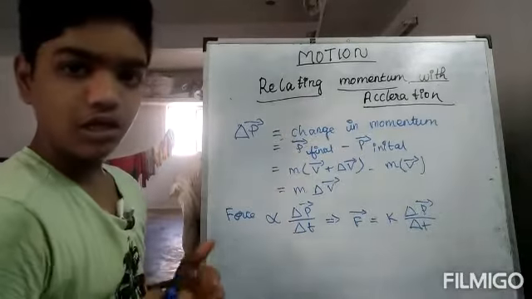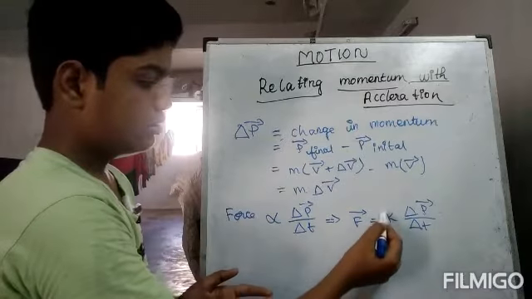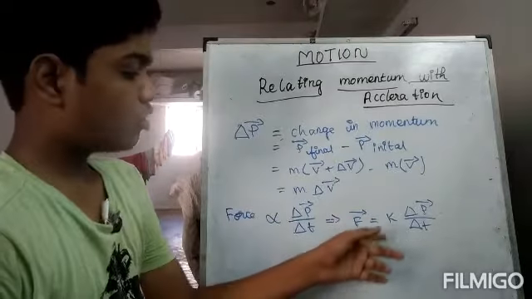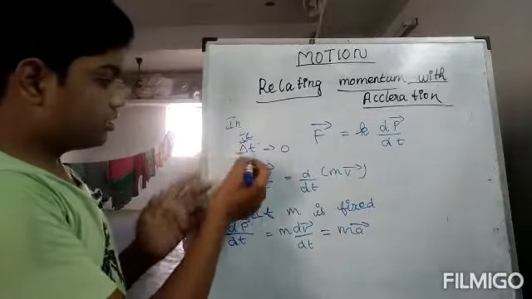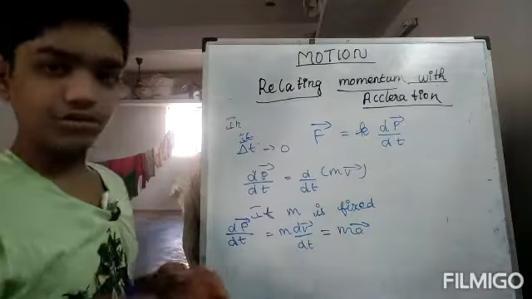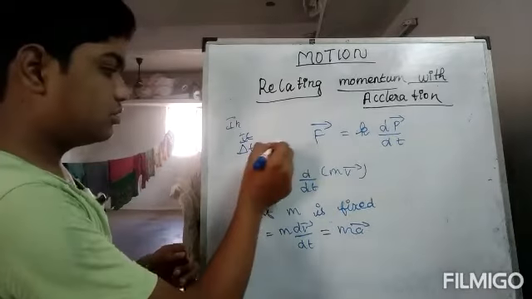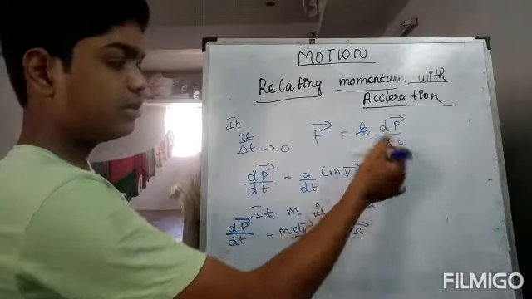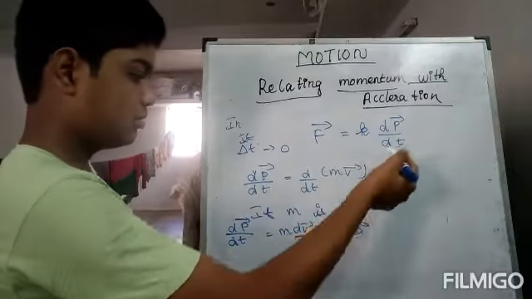Force is equal to k times the change in momentum with respect to time, del p by del t. There is a constant k here, which we will do in the next slide. When del t tends to 0, the force is equal to k times del momentum by del t.